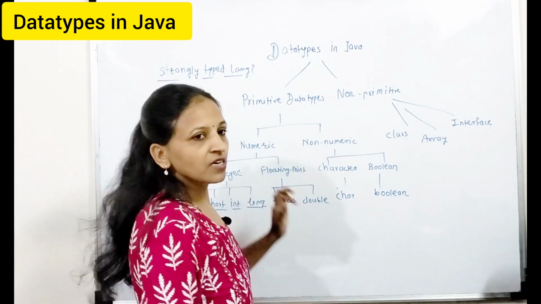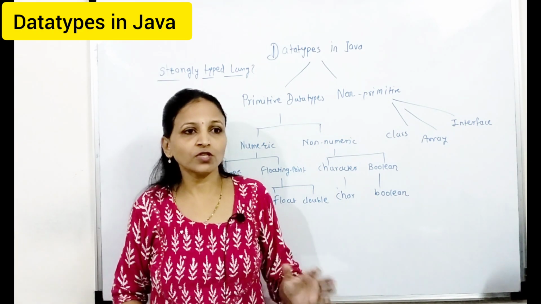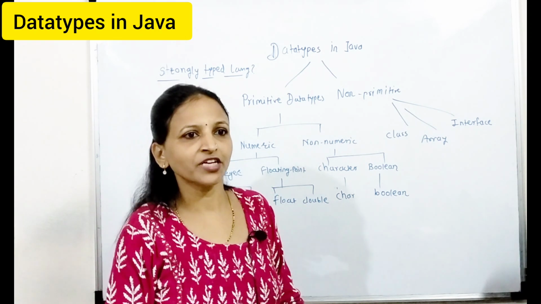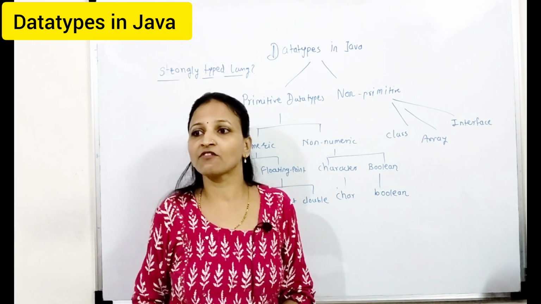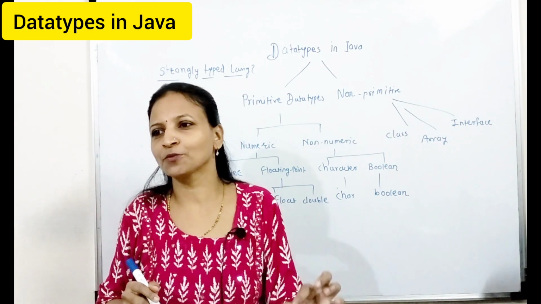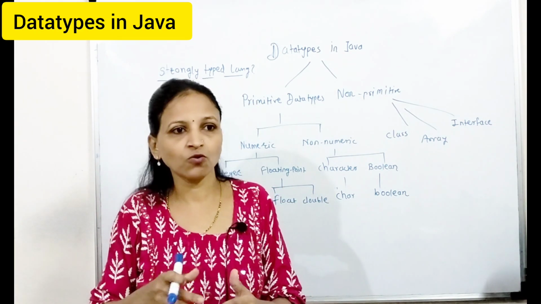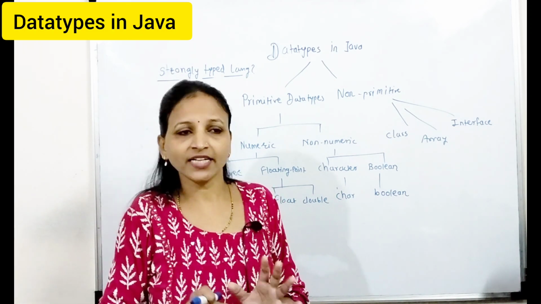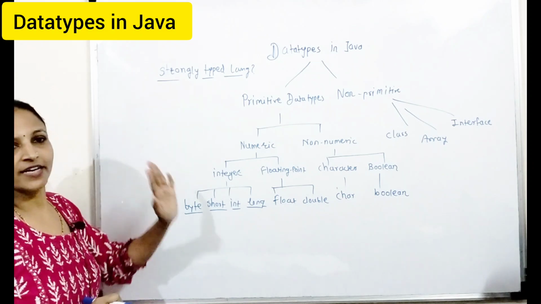Why is this needed? Because you know the Java features: Java is secure and Java is robust. To maintain security and robustness of Java, it is compulsory that strong type checking should be there, because the code should be error free and errors should be minimized. That's why Java is a strongly typed language.